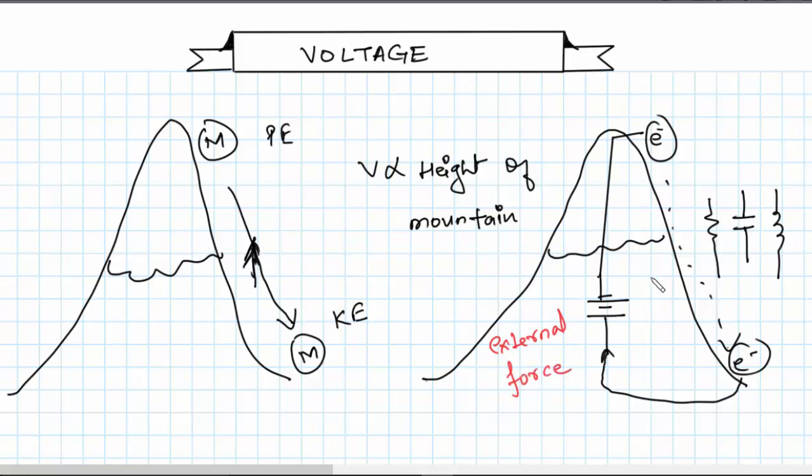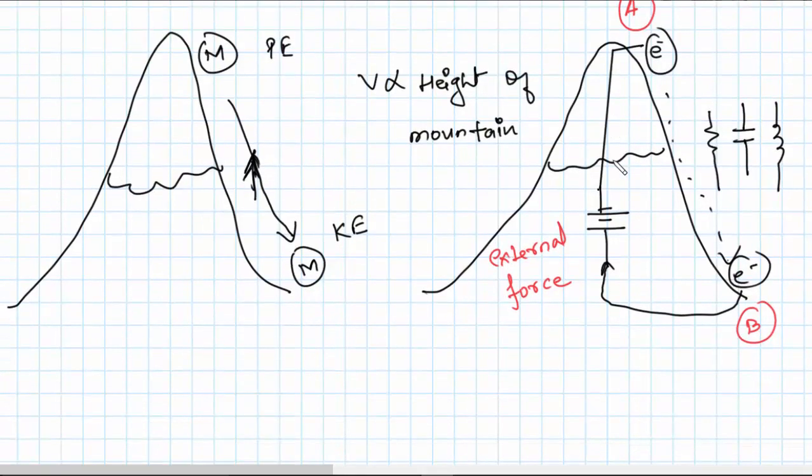This external force causes the electron to move to the top of the mountain, and further it is released down, doing some work, to the bottom of the mountain, where it finally reaches the bottom end of the battery. So the voltage between points A and B is the amount of energy needed, or the amount of work done, to move a unit charge from A to B. Let me just write it for you.